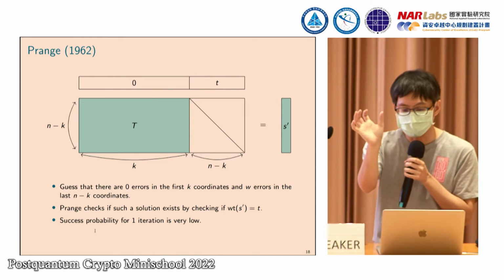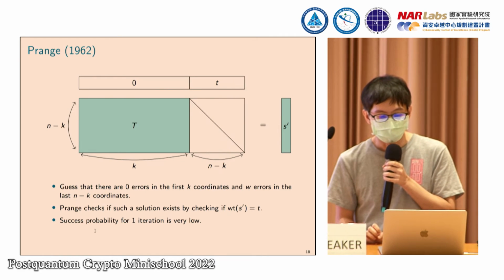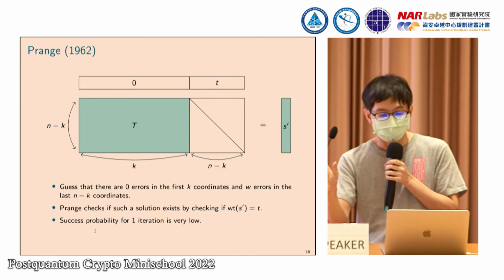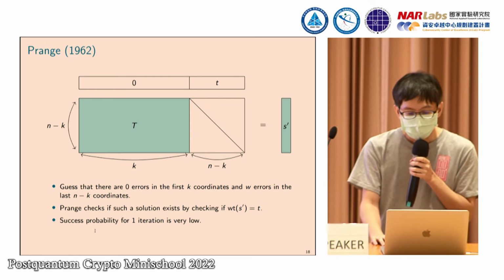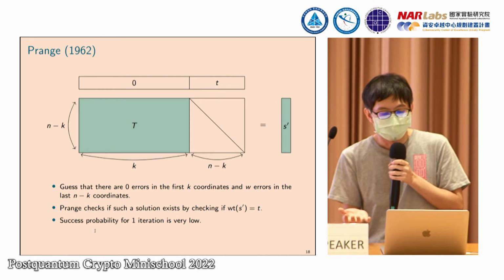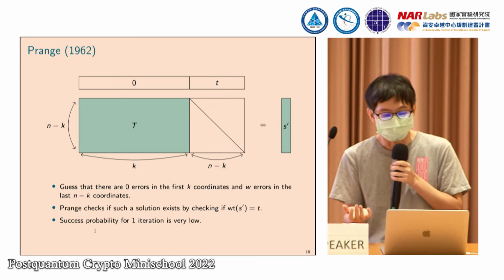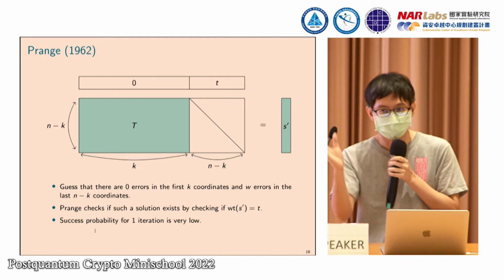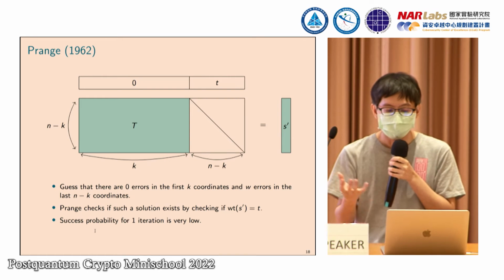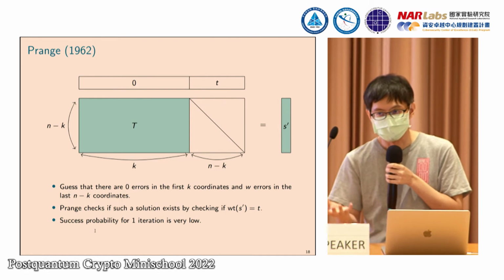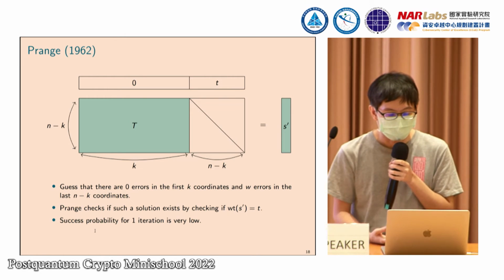It's going to have 0 ones in the first k entries, and in the last n minus k entries, it's going to have t ones. Of course, you can see that this happens with a very low probability. If you're just doing random permutation of columns in each iteration, at some moment you will encounter this case, but this happens with a very low probability. But anyway, this is how the algorithm works.